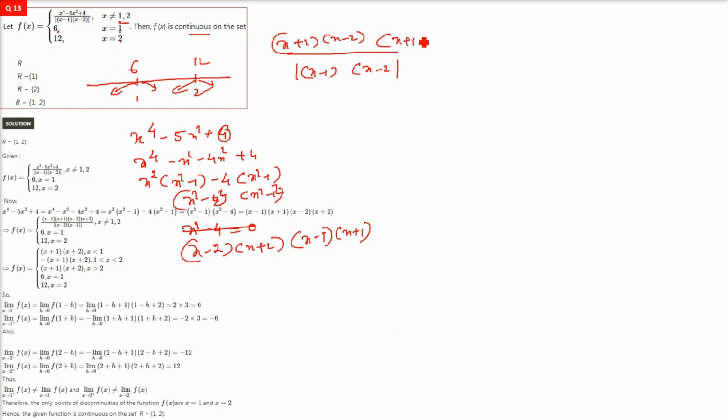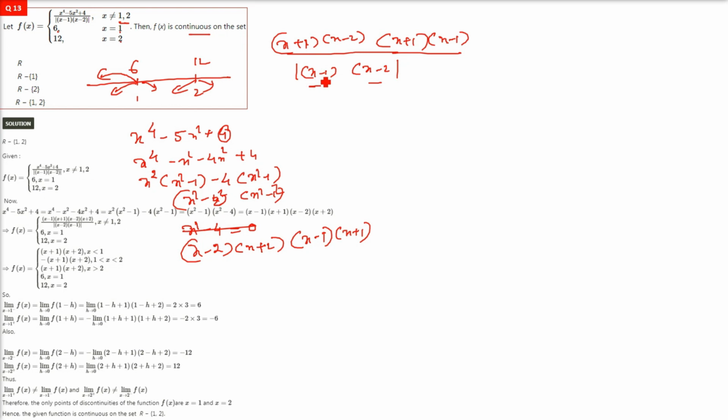Right. Now you have to be very careful about where the value of x minus 1 into x minus 2, or x minus 1 separately and x minus 2 separately, is going to be negative or positive. So when you go on the left of 1, what will be the value of mod x minus 1?